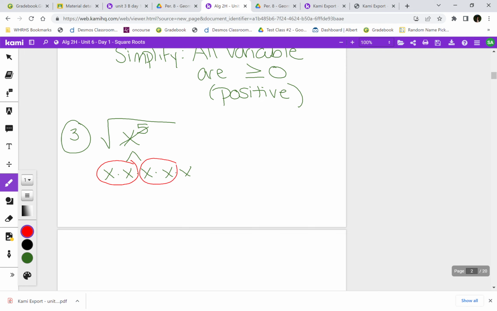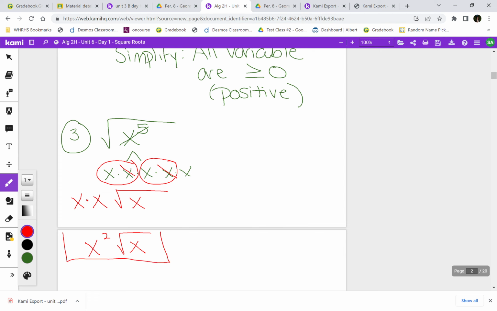Here's another. Everything we circled goes on the outside how many times? 1 time. So 1 x is going on the outside and another x is going on the outside. What's left on the inside? An x. What's x times x? Do not tell me 2x. What's x times x? x squared root x.